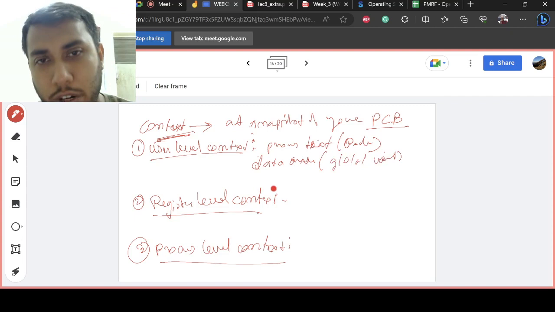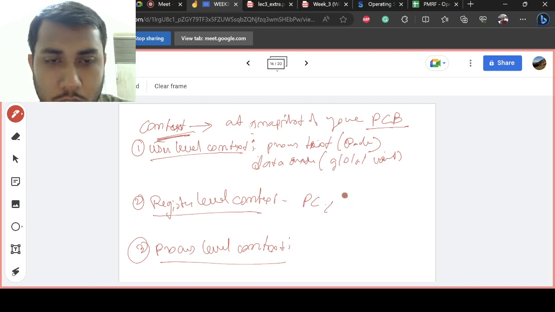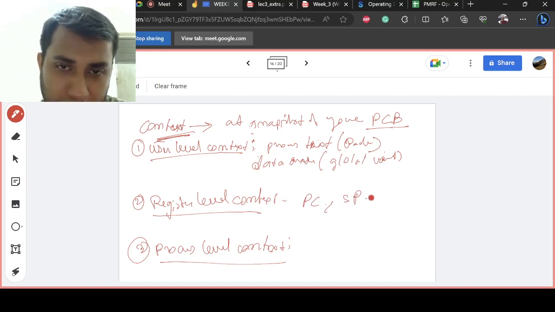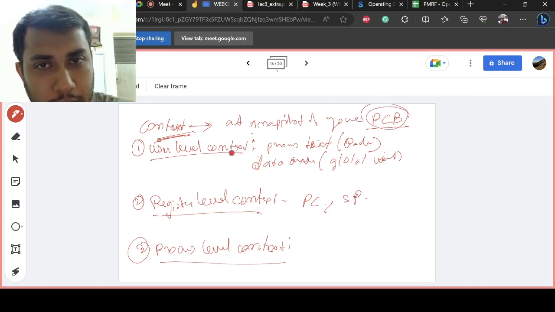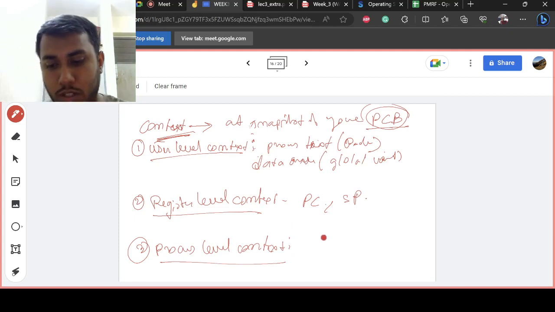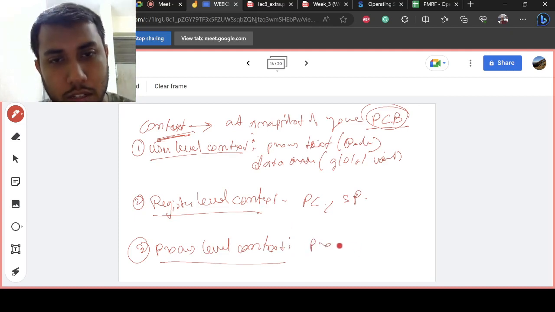These are your user level contexts. In register level context comes your program counter and your stack pointer. These are your register level contexts. You see these are all part of your PCB, but they are different levels of context that are available. And then there is your process level context.